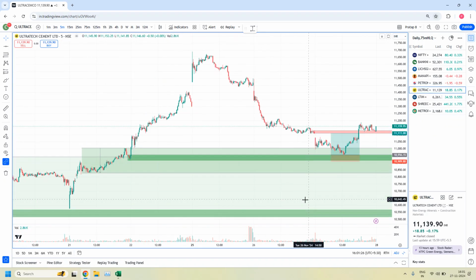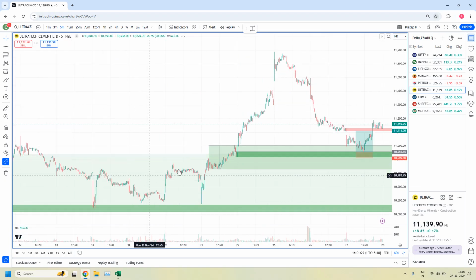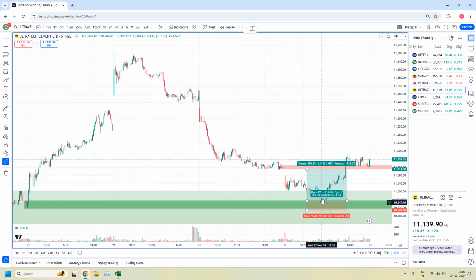The moment our NeoStock software identified exactly that zone, it took the support and again it started moving. That is the magic done by the NeoStock high liquidity zones. Every time prices reverse the moment they reach our high liquidity zones. At least in the intraday scenario, they are giving you good profits. And for the remaining stocks, we did not get the trades, but we will see.